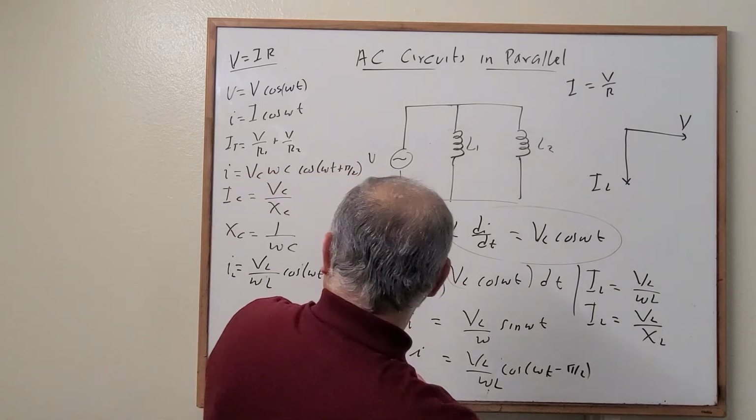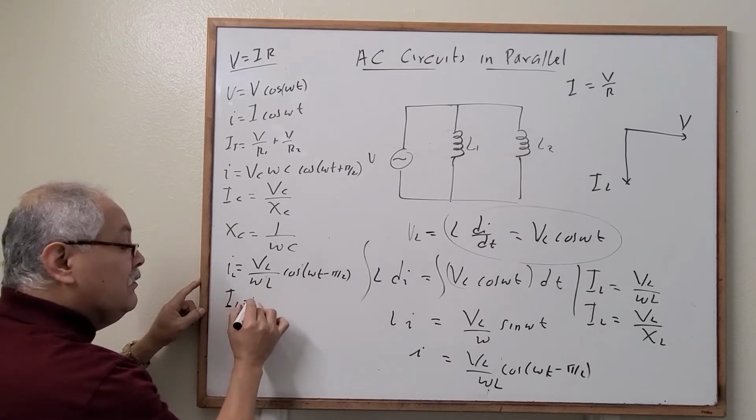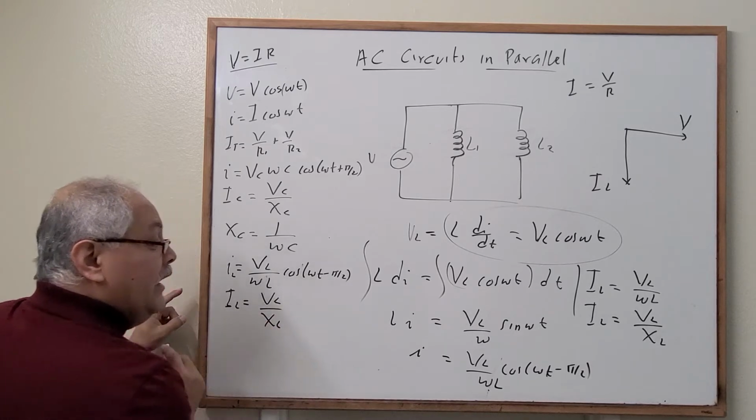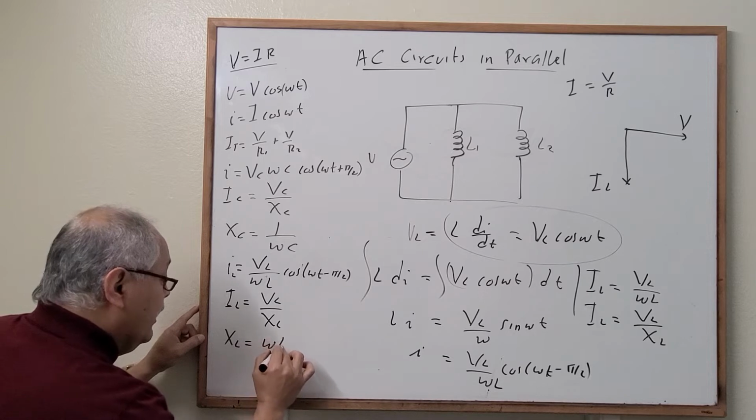And we get this equation: the maximum current is equal to VL over XL, where this reactance is equal to omega L.